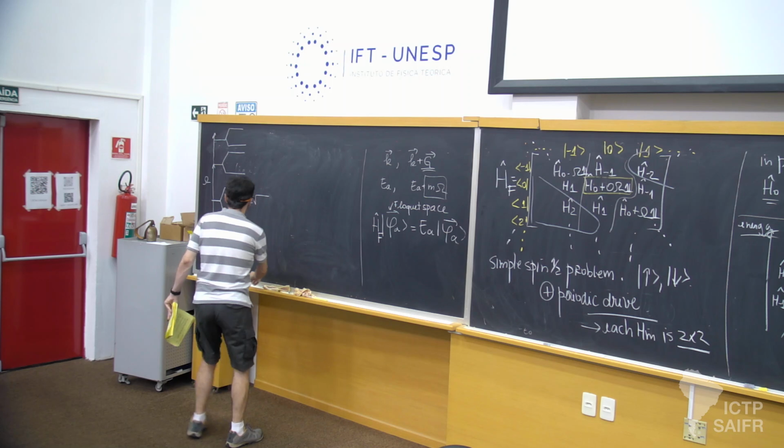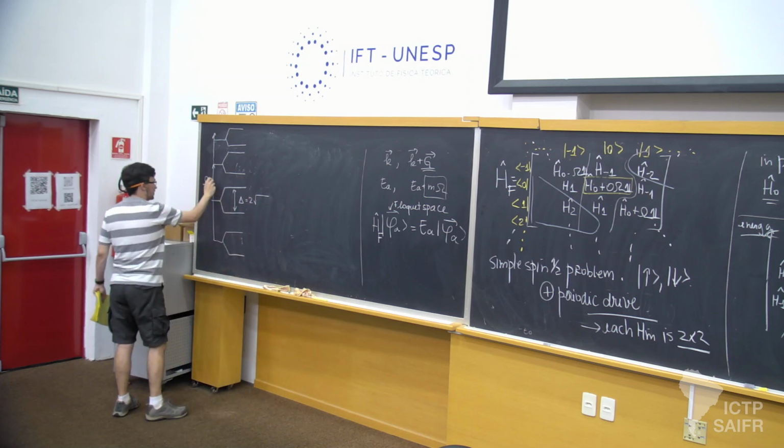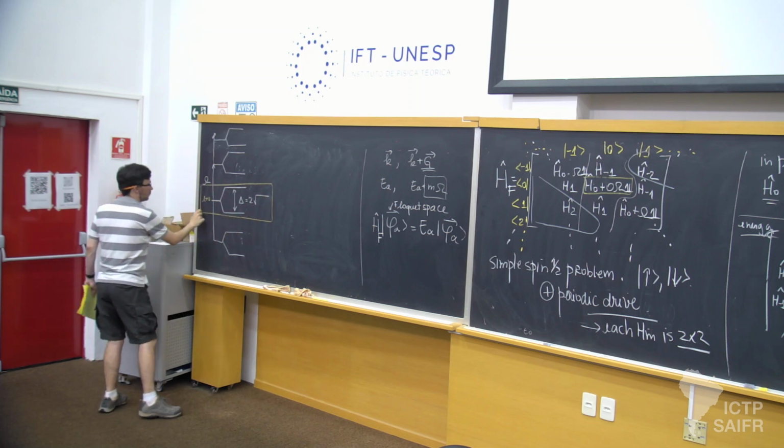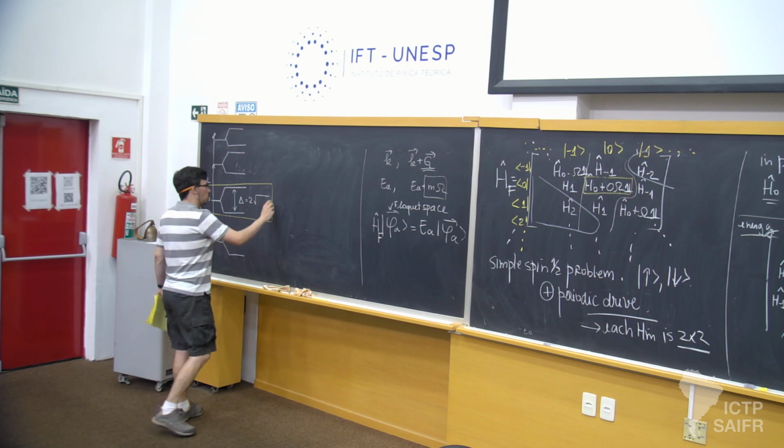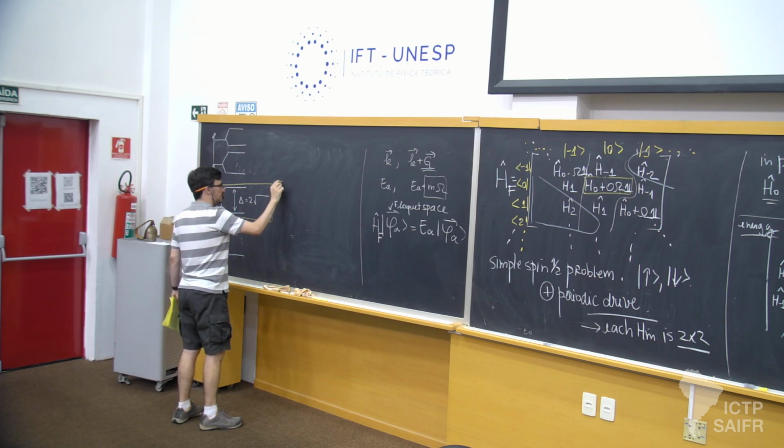So if we fix one of them, as usual, I'll fix the L equals 0 case. Why not? You can call this the first Floquet zone.